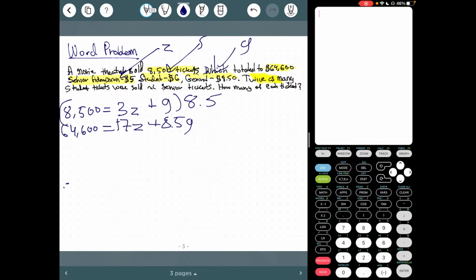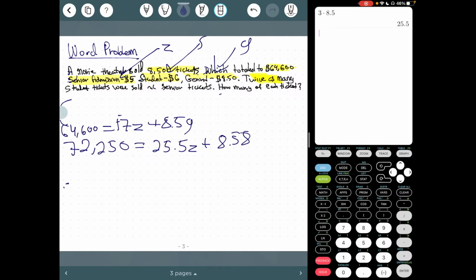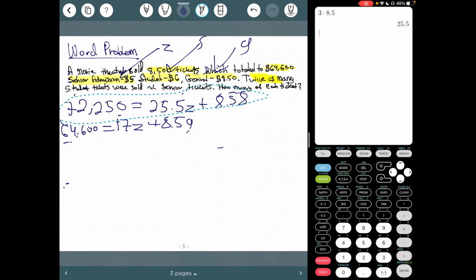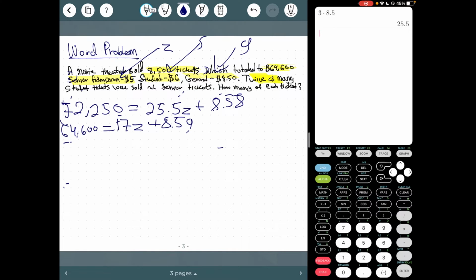So 8,500 multiplied by 8.5 will be 72,250 equals 3 times 8.5, which will give us 25.5z plus 8.5g. So that is our new first equation.